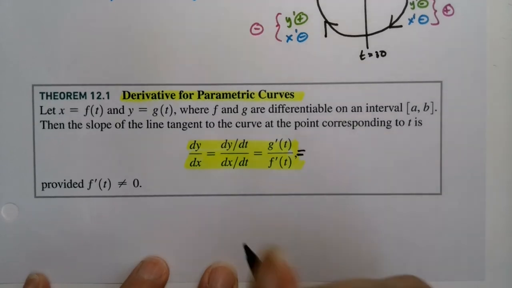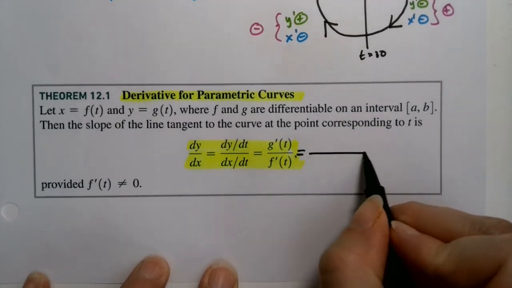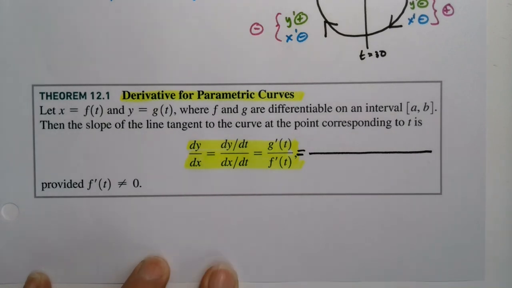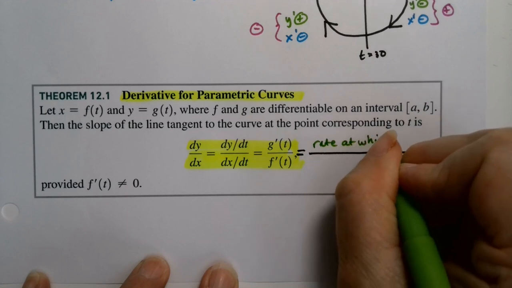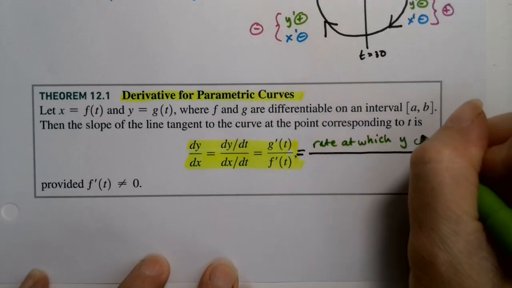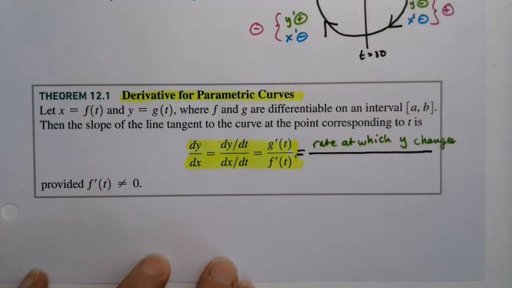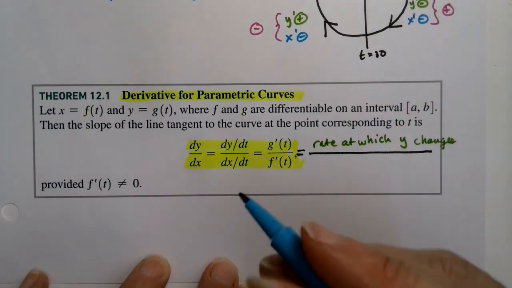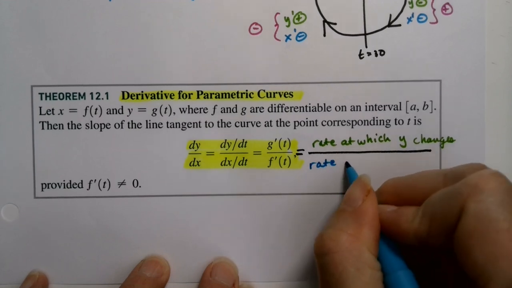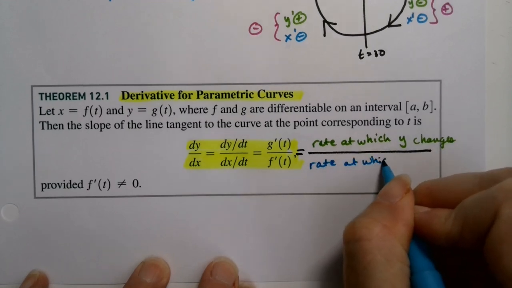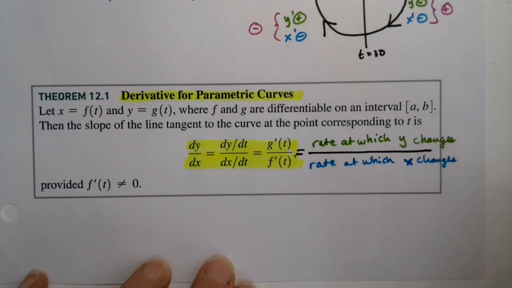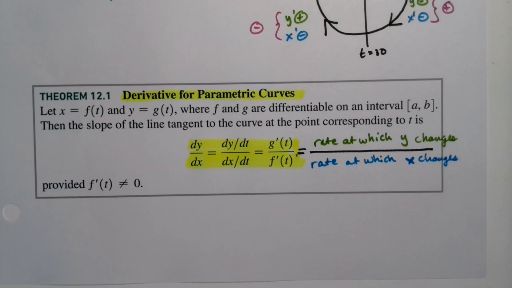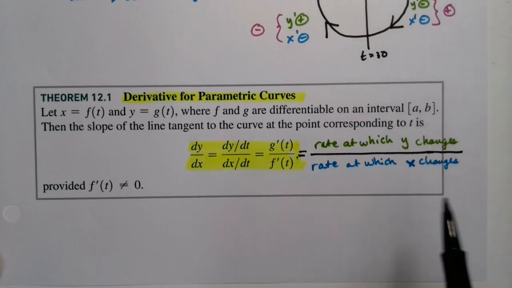Now remember what that would be. dy dt would be the rate at which y changes, and dx dt is the rate at which x changes. And that formula will be very important for finding the derivative of any parametric equations.